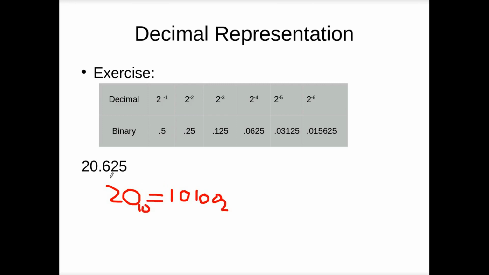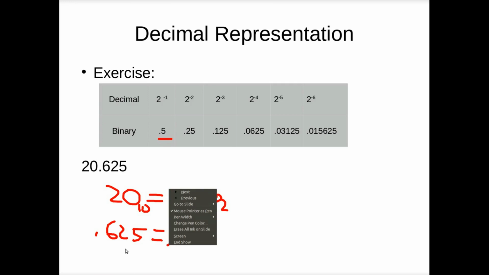So how about the number 0.625? I'm going to find the largest number that fits into the spot. The first number is going to be 0.5, so it's going to be a 1. And 0.625 minus 0.5 is 0.125. Then 0.125 is smaller than 0.25, and the next largest number is 0.125.